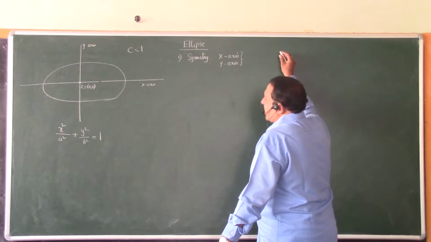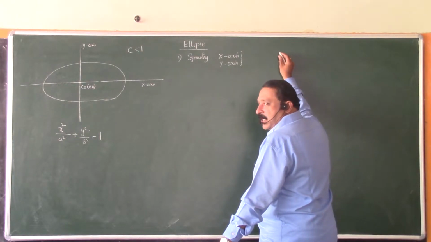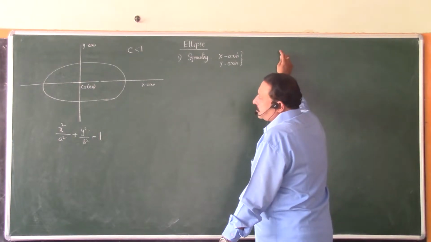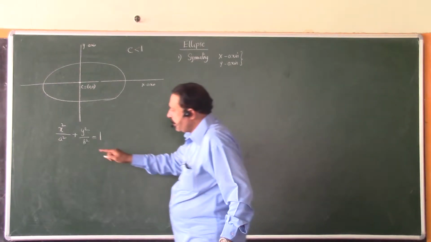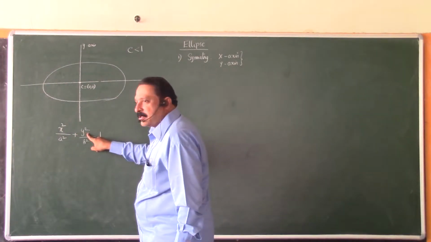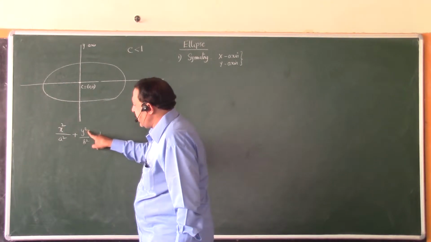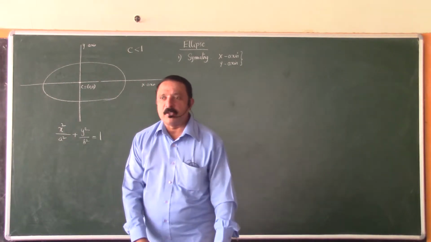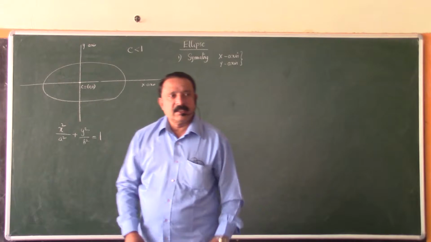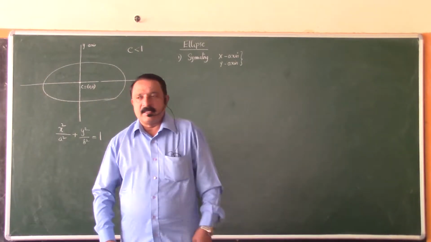If a curve is symmetrical about both the axes, then both x and y terms are in second degree. This is information that you should remember.